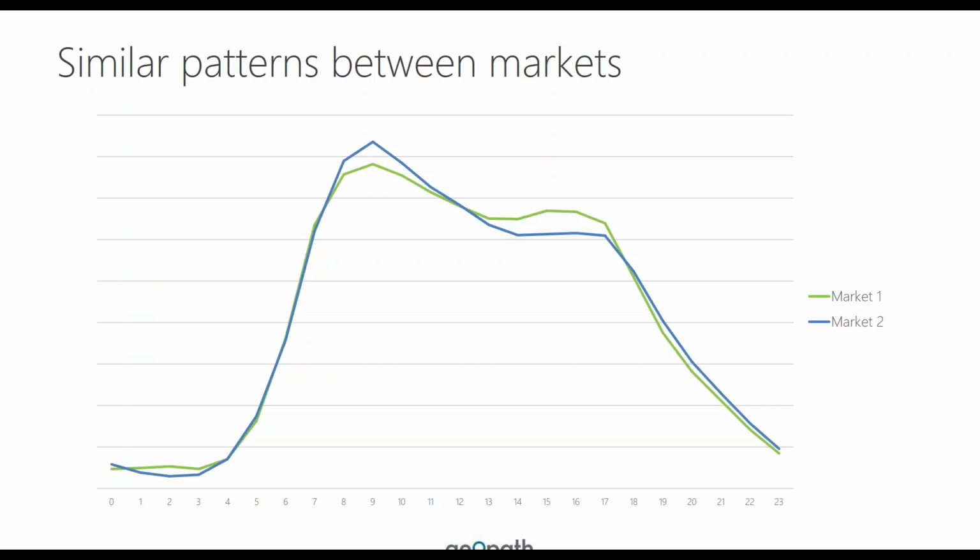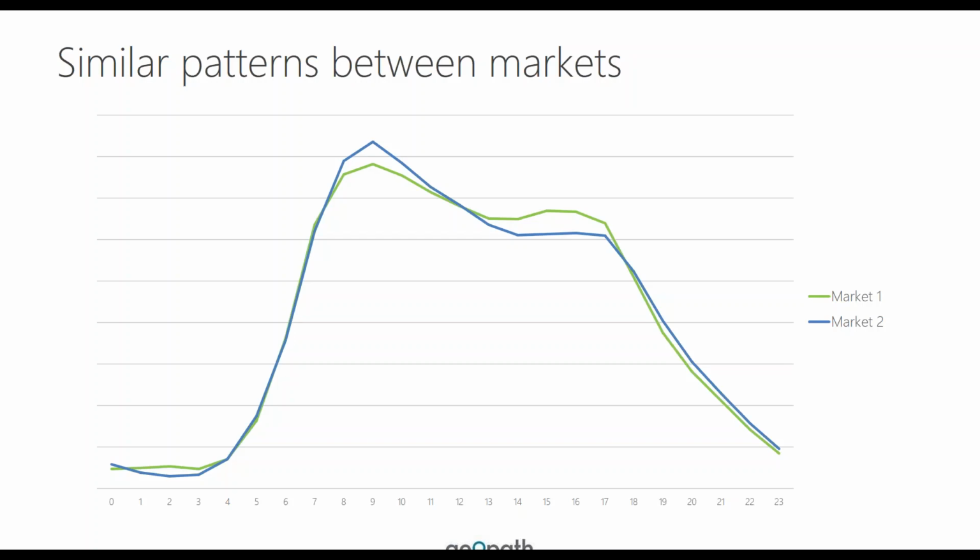When you think of a larger metro market, you have that more narrow tendency to have a narrow commute time in the mornings. You can see that reflected here with that higher bump in the AM hours as people are commuting, and then a slightly elongated commuting pattern to home throughout the rest of the day.